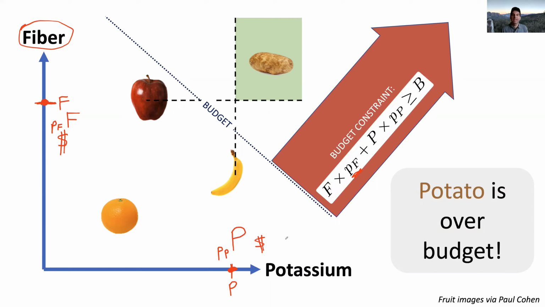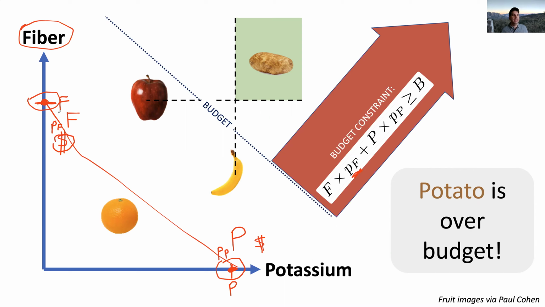And we'll get into this in more detail as we work some examples moving forward. But for now, I hope you can at least see conceptually that in principle, if I came in with a certain fixed amount of dollars, I could use the prices of each good to figure out the most potassium I could possibly buy and the most fiber I could possibly buy. And any mixture where I give up a little fiber to gain a little potassium or vice versa would fall on the line in between them.